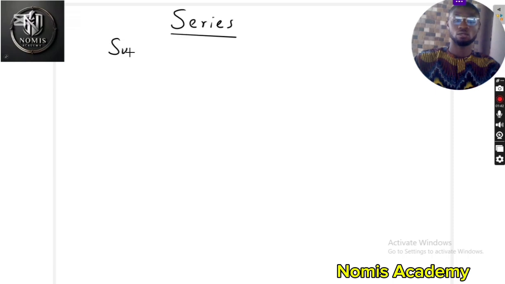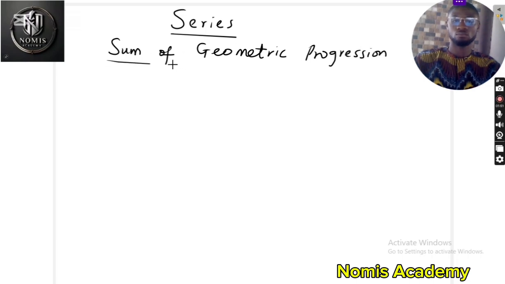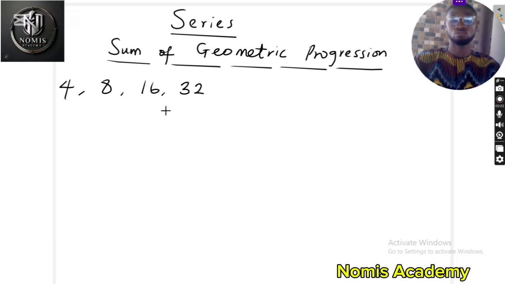So we call it sum of geometric progression. So let us consider 4, 8, 16, 32.